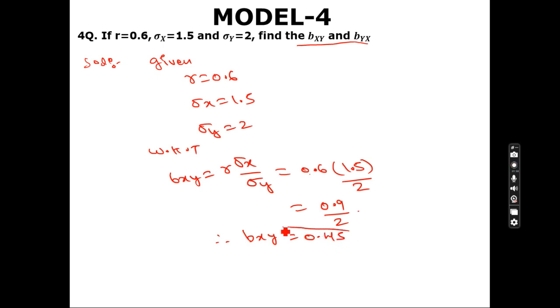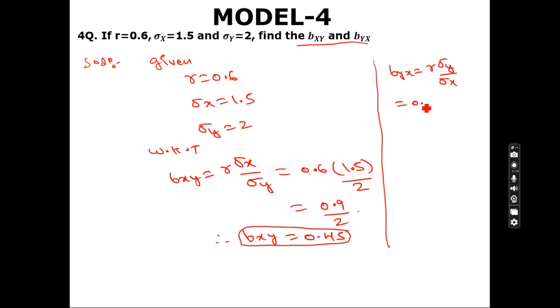So this is the bxy value. Similarly we have to find byx. Here I will do it in the space. byx is nothing but r into sigma y by sigma x. So it is 0.6 into 2 by 1.5. 0.6 into 2 is 1.2, divided by 1.5.